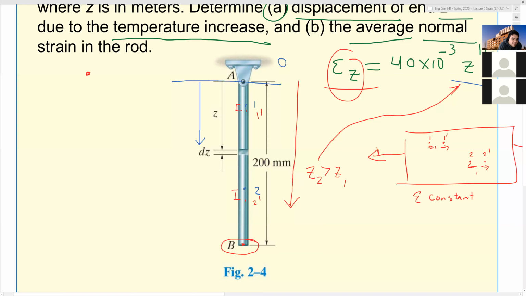If I look at the 1 to 1 prime, from 1 to 1 prime, didn't I say that is like my ds prime, right? Prime is my final. I'm using d now, not delta.